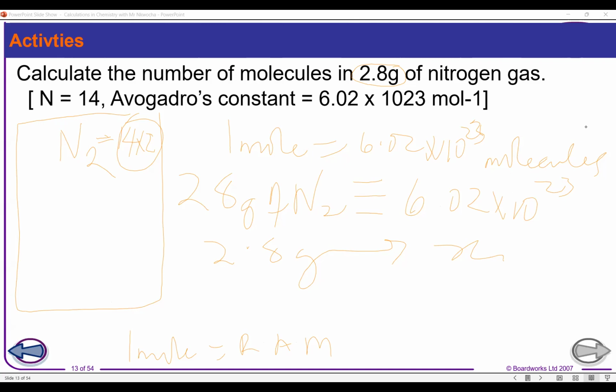Let's compare them: mass over molar mass is equal to number of particles, that's molecules now, over Avogadro's number. So what is the mass they gave us? 2.8 divided by the molar mass of nitrogen, 28, is equal to the number of particles, X, that's what they're asking us to calculate, over the Avogadro's number, 6.02 times 10 to the power 23.